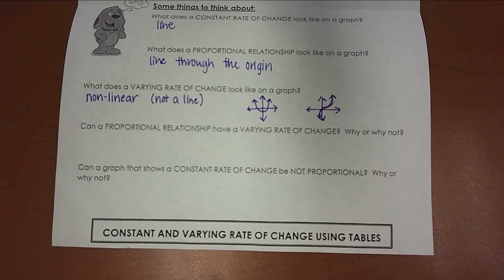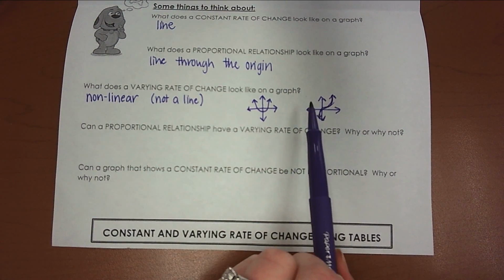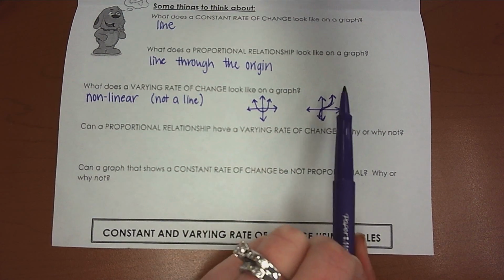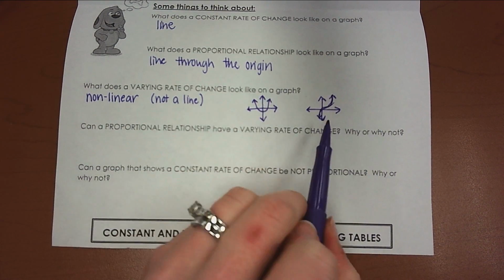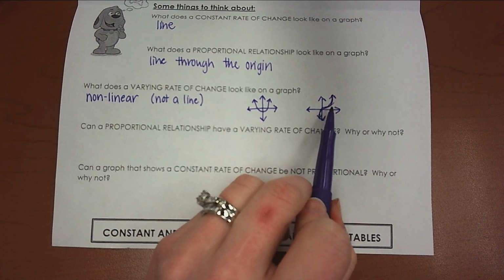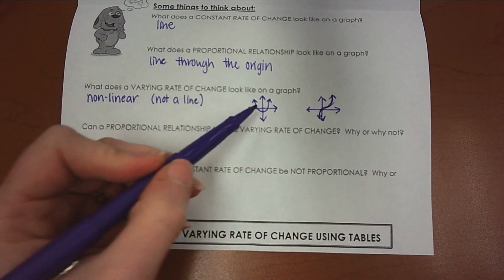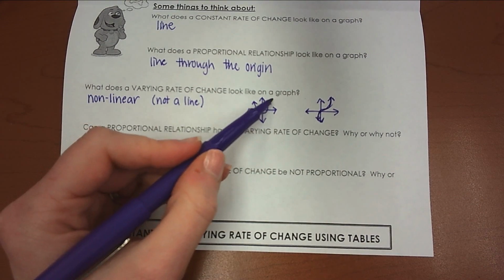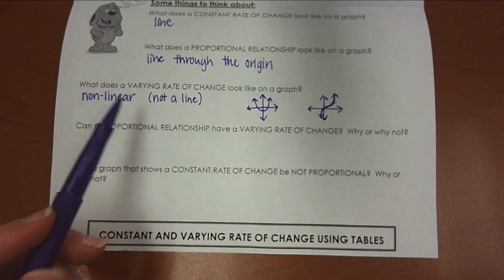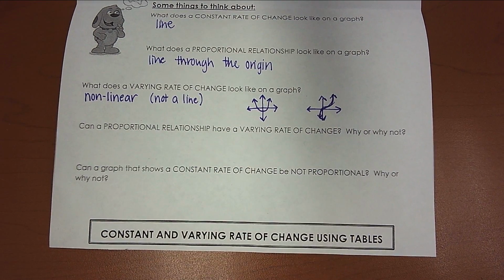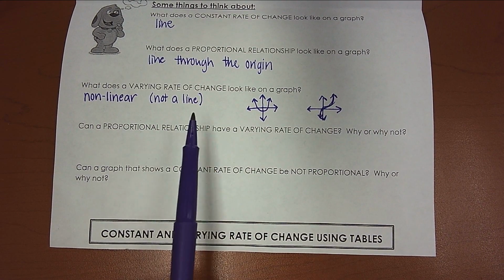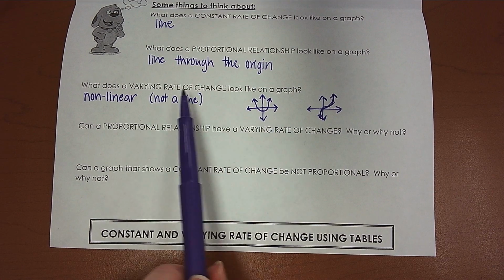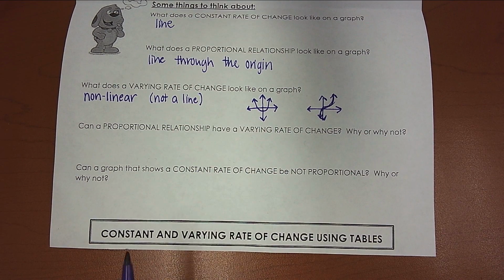It's changing all the time. And so this is a nonlinear function, and it has a varying rate of change. We can see it's steep, and then it kind of plateaus off, and then it's steep again. Over here, we had a negative slope till we got to the middle of the parabola, and then we had a positive slope. So this is varying rate of change. Whenever something on a graph is a nonlinear function, it has a varying rate of change.